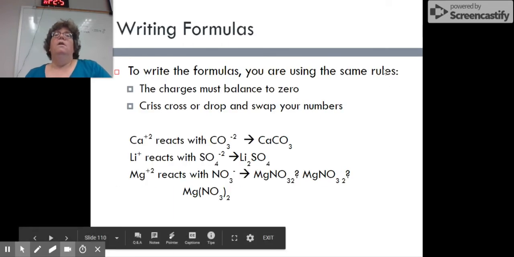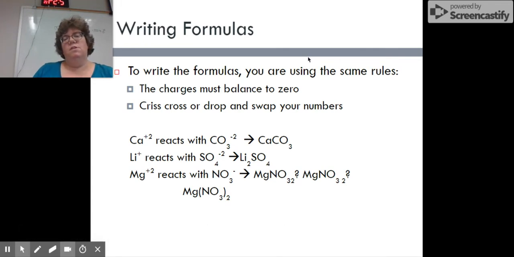Now, when we go the other direction and write the formulas, same rules as before. The charges have to balance to zero. We can do the whole crisscross, except this time we deal with the polyatomic ion as one thing. So we don't look separately at the carbon and the oxygen for this example. We look at the chart, table E, and it will give us the charge.